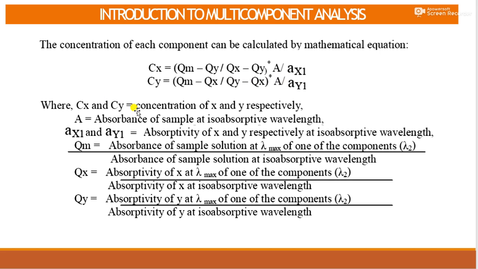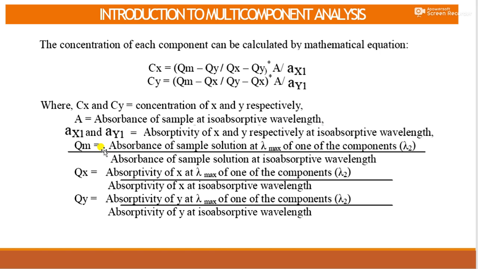Cx and Cy are the concentrations of x and y which we want to calculate respectively. A is the absorbance of the sample, meaning tablet or dosage form solution, at the isoabsorptive wavelength, that is lambda 1. Ax1 and Ay1 are the absorptivities of x and y at lambda 1, the isoabsorptive wavelength.